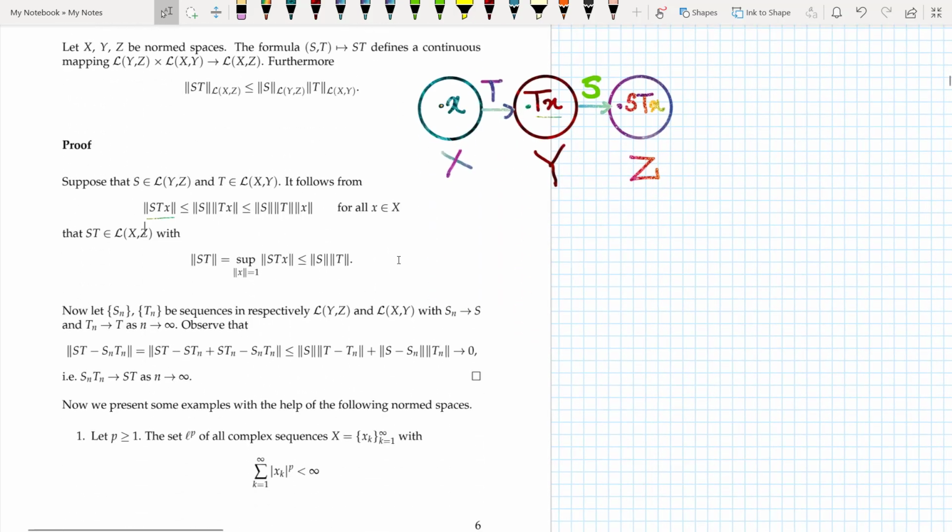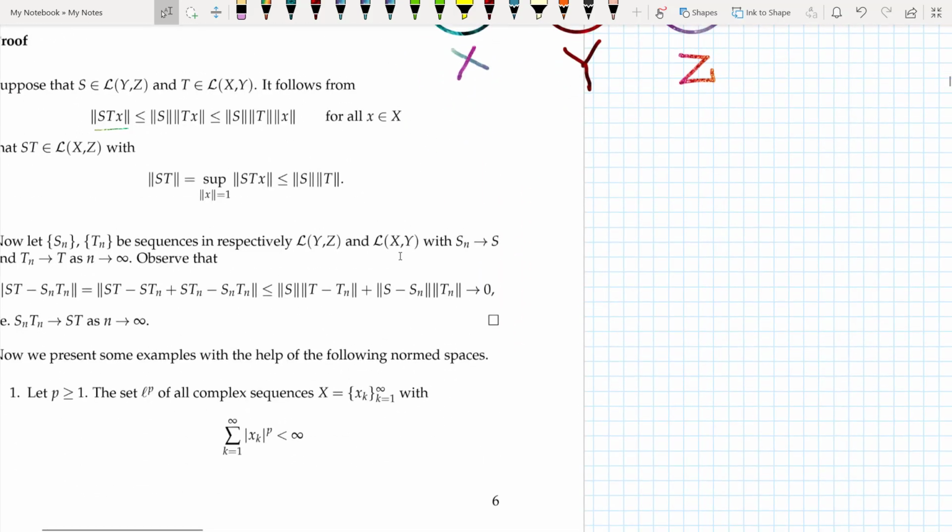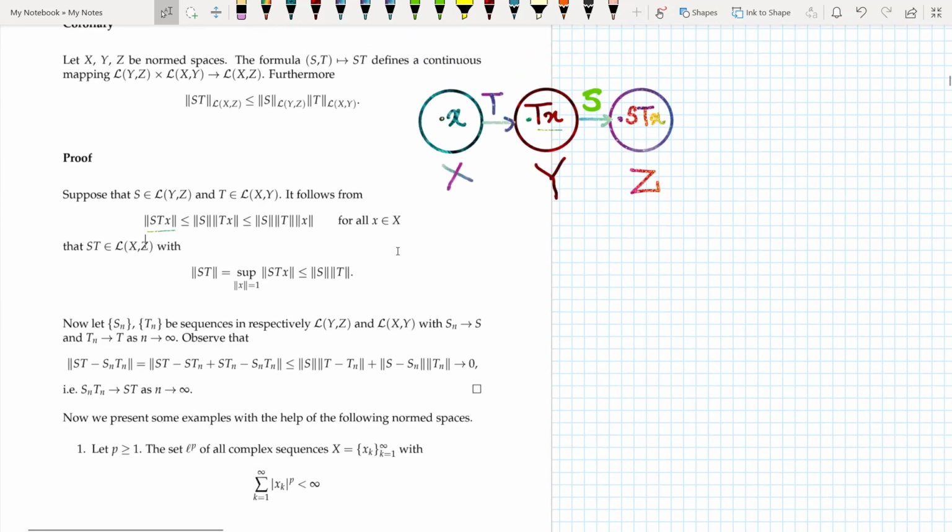Another thing you can see is that I can consider my Tx to be just a vector in space Y. So that's why I can separate it into two pieces. And again, I can do the same operation here and write it as norm of S, norm of T, norm of x. And I can see very well that the norm of ST as an operator.